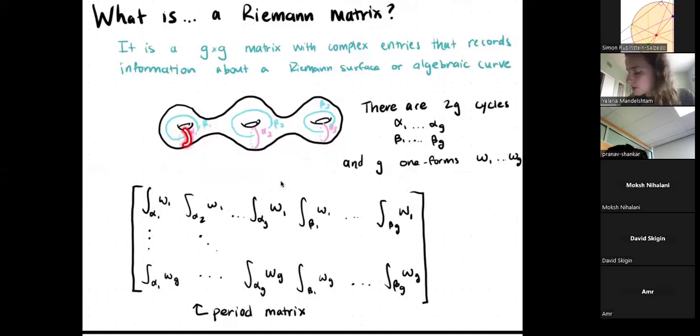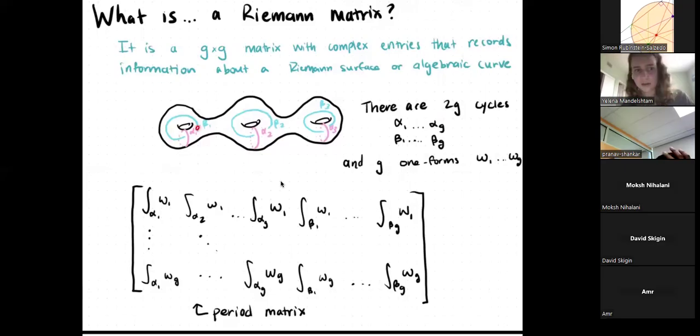You have 3 cycles that go around each piece of the donut, and they're independent, because you can move a cycle around, but you can't turn it into alpha 2 without actually changing your cycle.